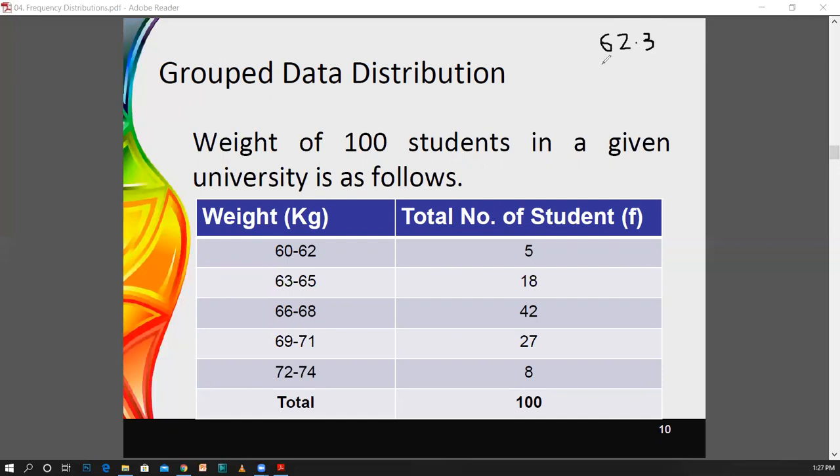But if you look at this class interval, it ends with 62, while the next class begins from 63. In between these two classes, there is a gap of 1. Therefore, to fulfill that gap, we define this important term called the class limits.